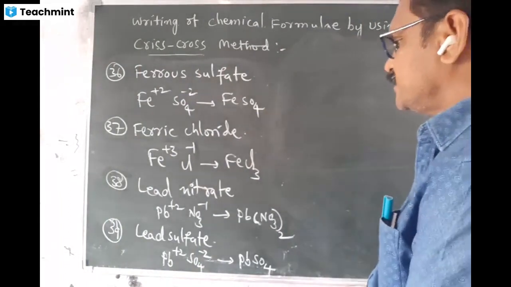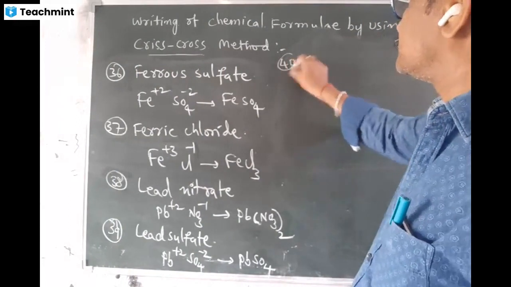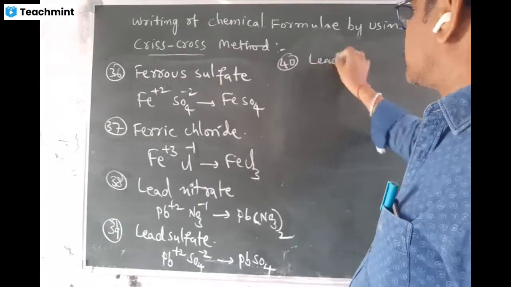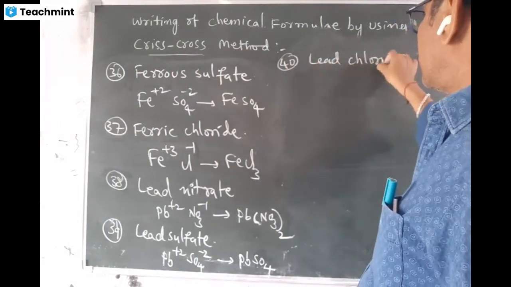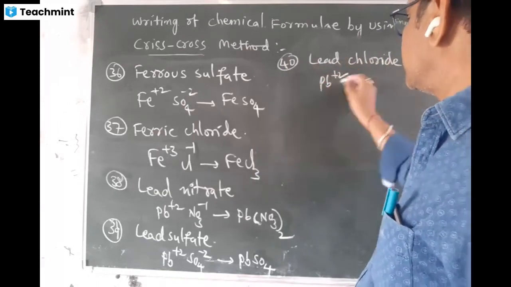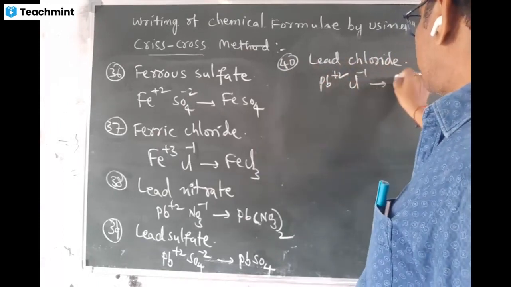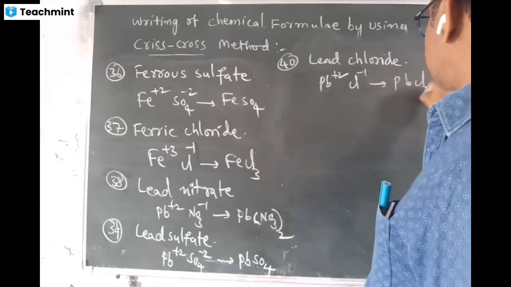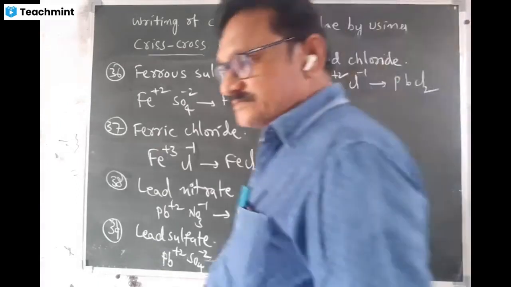Then 41, lead chloride. Lead means Pb plus 2, you know. Just now I said chloride means minus 1. Then the formula is PbCl2.